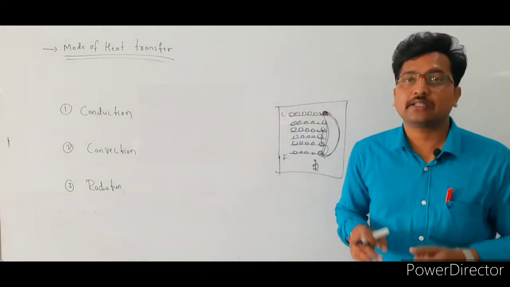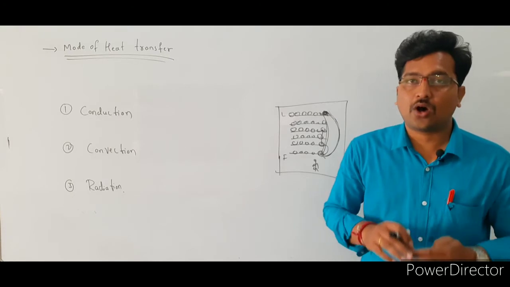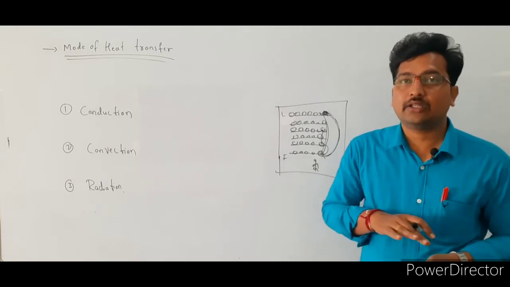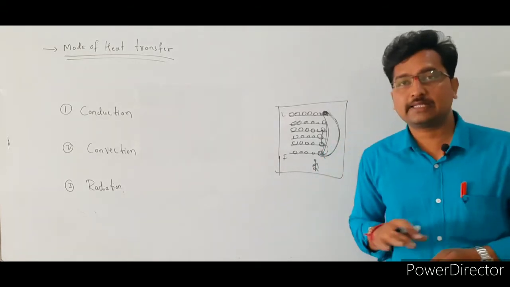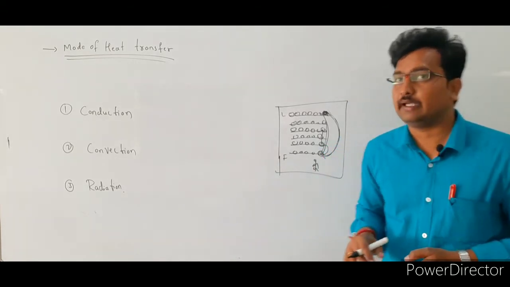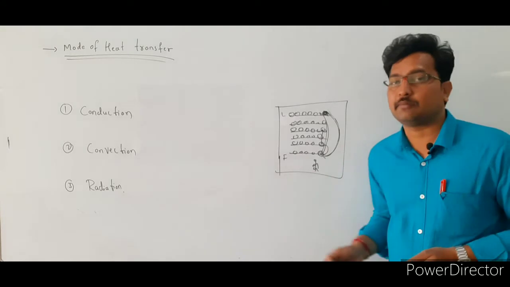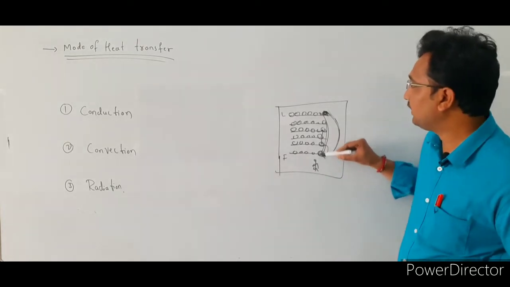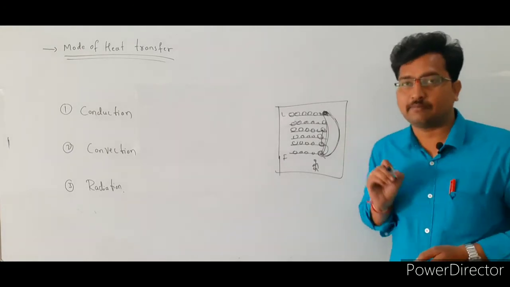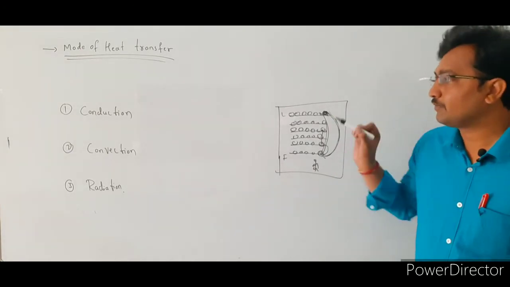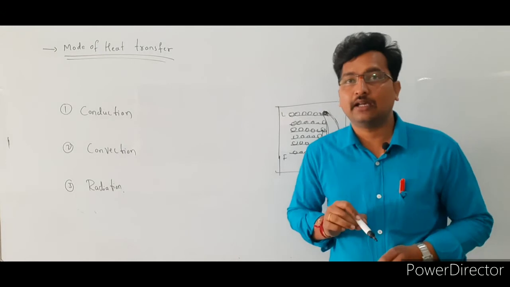Radiation means the heat is transferred from hot end to cold end without disturbing the intermediate medium. Here that is the third possibility. The first person throws this pen to the last person, or the last person throws this pen to the first person.